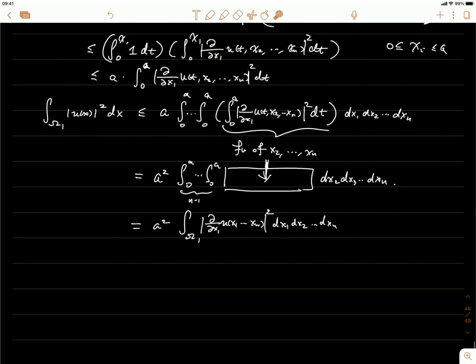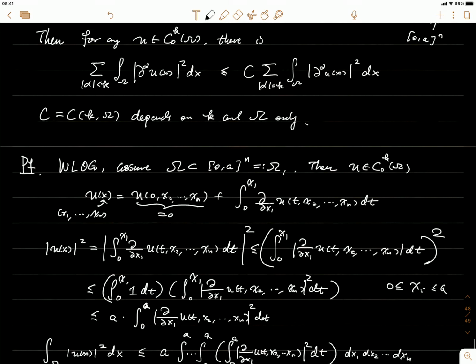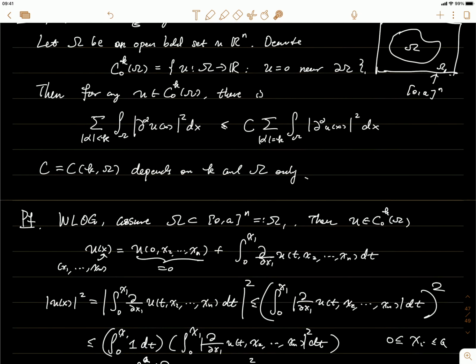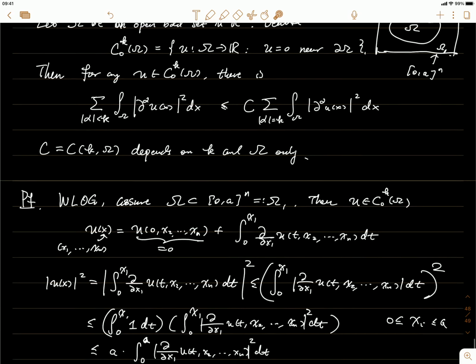And apparently you can do this for the others, and by doing this inductively, you can show the Poincaré inequality. So the highest order will be able to control the integral of the highest order of the partial derivatives, will be able to control all the lower ones, using a constant independent of the function u itself. Okay, so that's the idea.